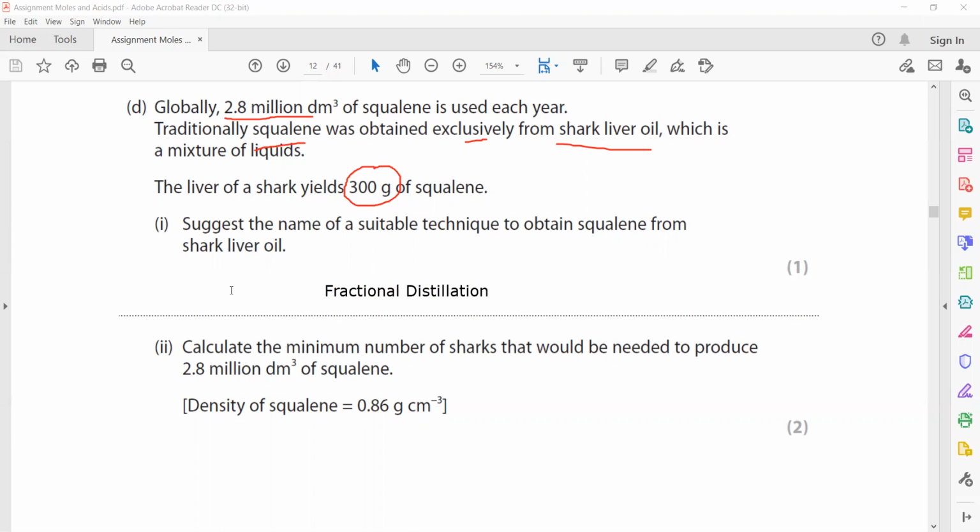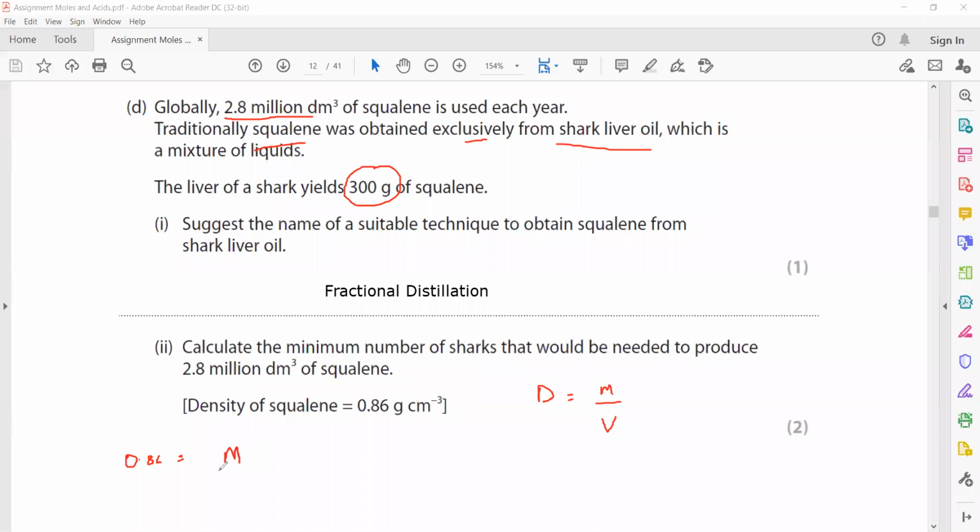So how can we work out the number of sharks? One shark can give about 300 gram of squalene. So first we'll find the total mass which we need. Density is equal to mass divided by volume. The density of the squalene is 0.86.